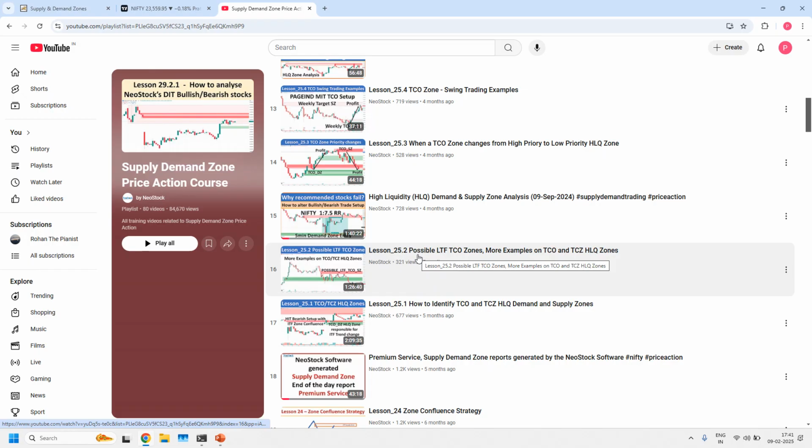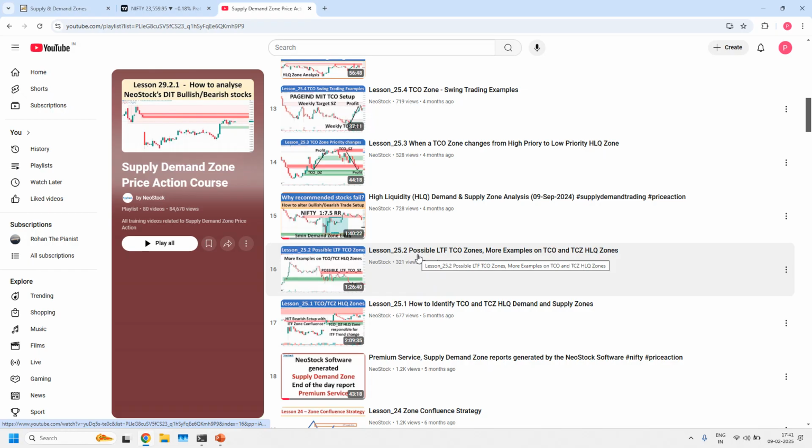See how powerful our NeoStock software is. It is helping you. Finding bullish and bearish trade setups will take a lot of time manually. See, if you analyze 240 stocks, hardly you may get some 10 stocks or 8 stocks.